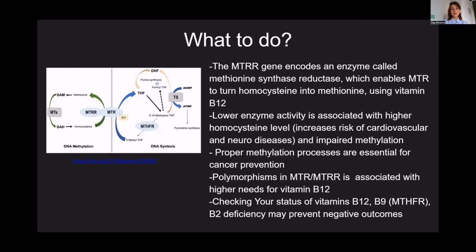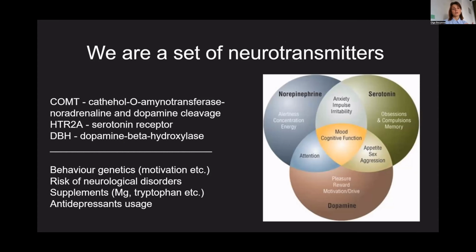If the enzyme activity is low, the risk of increased homocysteine level and cardiovascular diseases is increasing. Yeah, and polymorphisms in these genes are associated with higher needs for vitamin B12 supplementation. So you should check your status of these vitamins to prevent some negative outcomes.